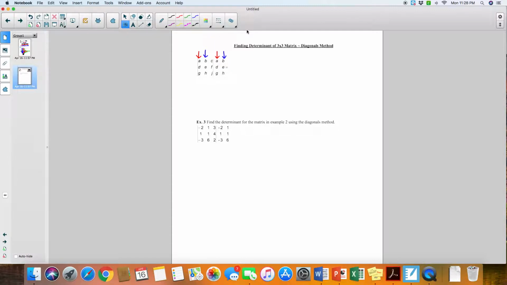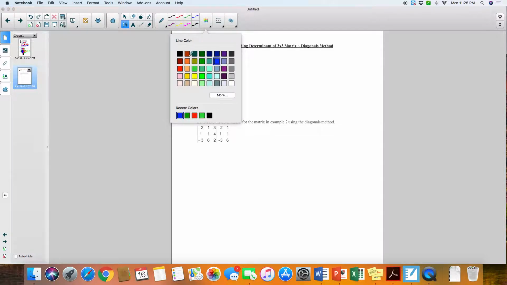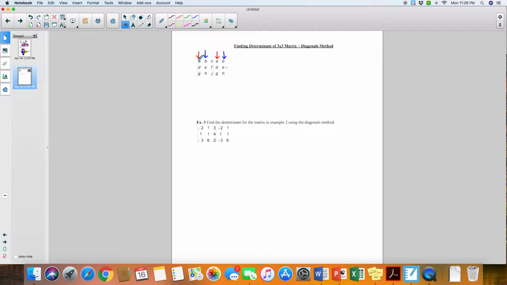All right, after I do that, I'm going to multiply those diagonals. All right, so I'm going to start with the very first element, which is A, and then I'm going to multiply this diagonal. So that will give me A times E times J. All right, then the next thing I'm going to do is multiply the next diagonal.